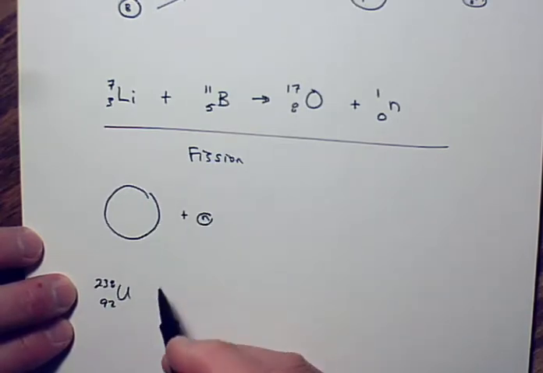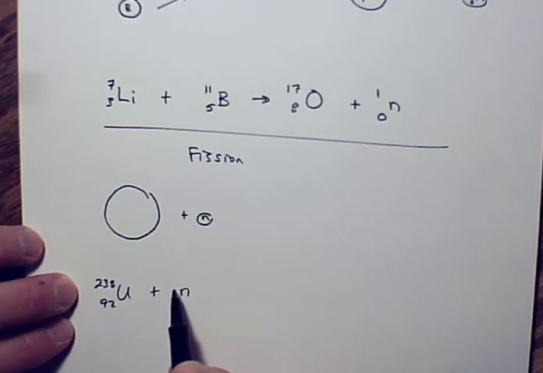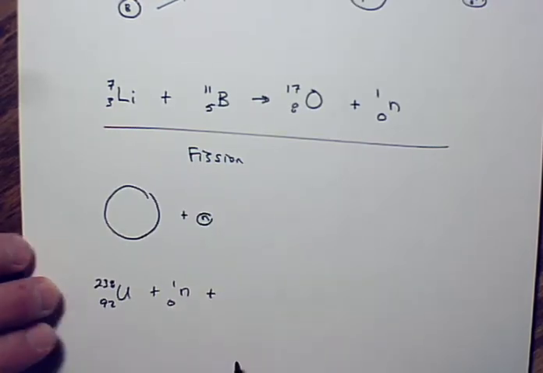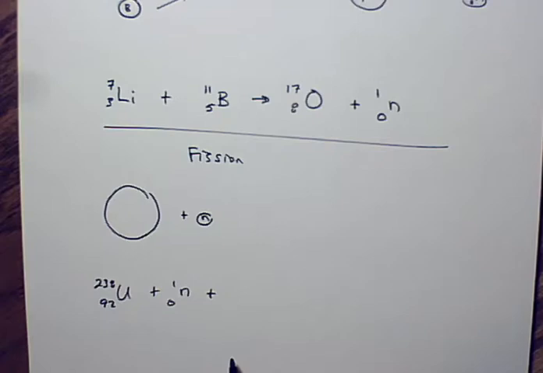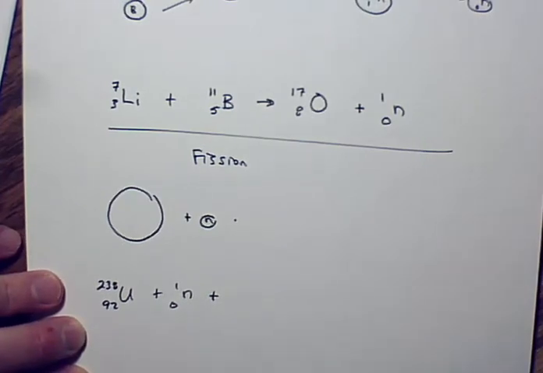All right, so when we're writing this like an equation then, we've got to put a neutron here. What's the atomic mass for neutrons? 1. Atomic number? 0. Now it's going to split up. And let's see if I can find the exact numbers here.